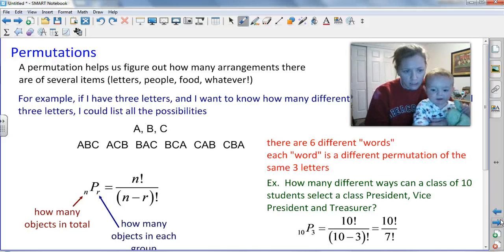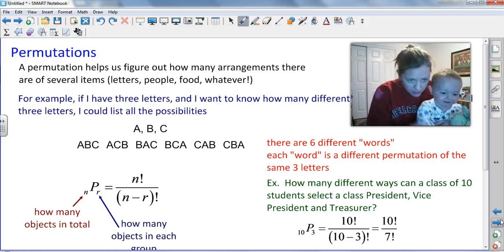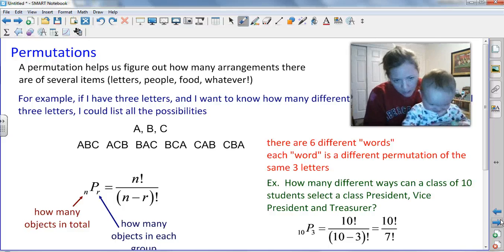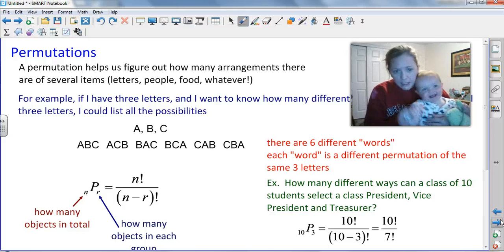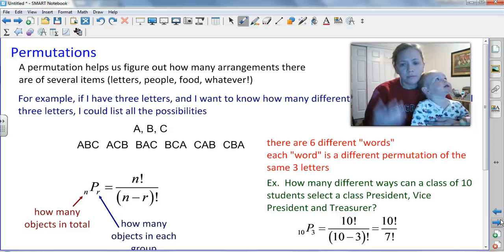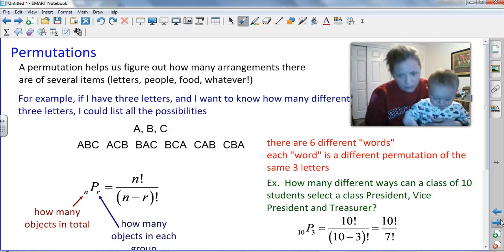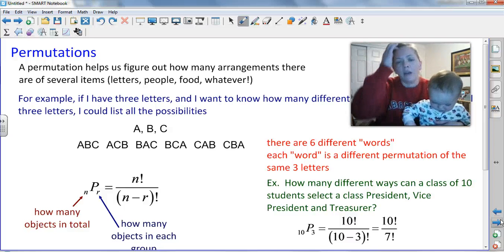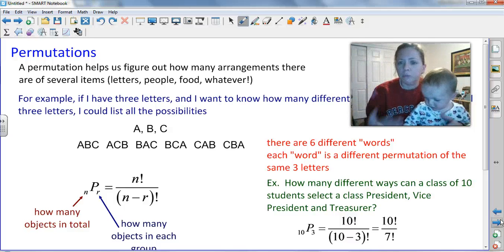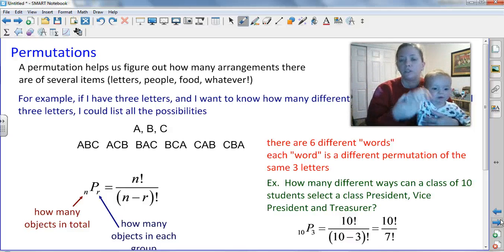So the letters A, B, and C could be ABC, ACB, BAC, BCA, CAB, or CBA. So there's 6 different words I could make with those 3 letters. And we say that each word is a different permutation of the same 3 letters.